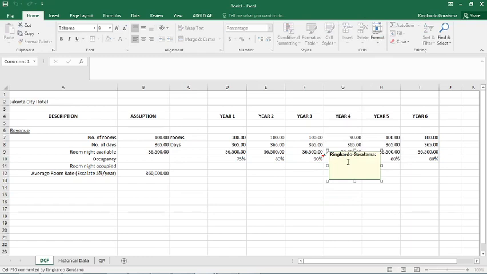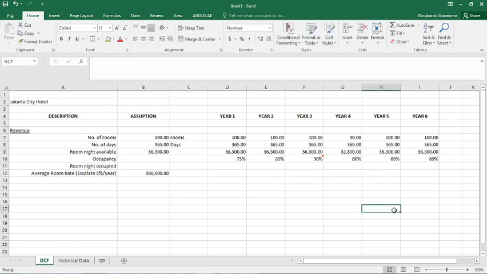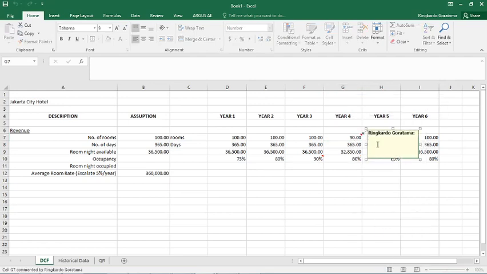The comment is, they need to renovate 10 rooms.